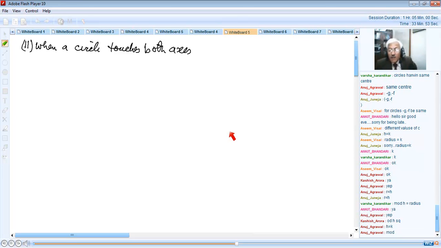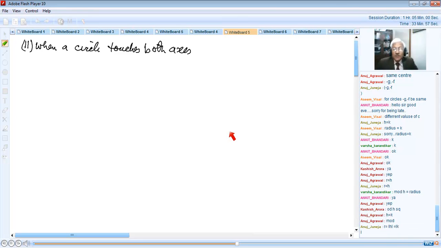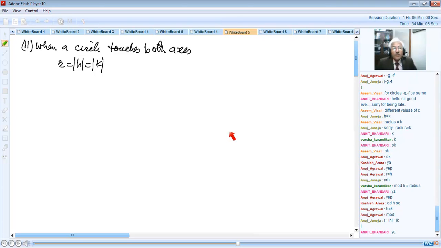Yes, h is equal to k. Yes, you can say mod. That's right. R is equal to |h| is equal to |k|. Clear? And let me take up a circle here.